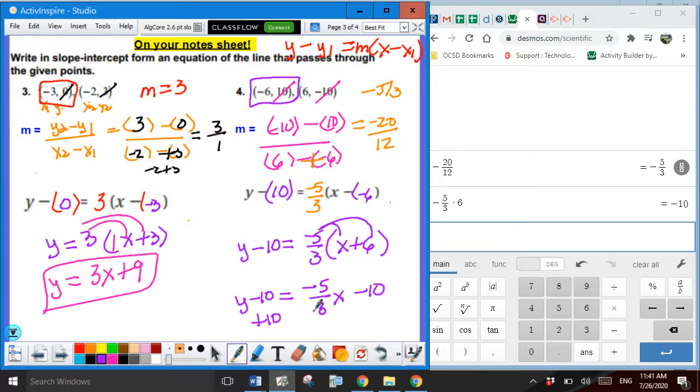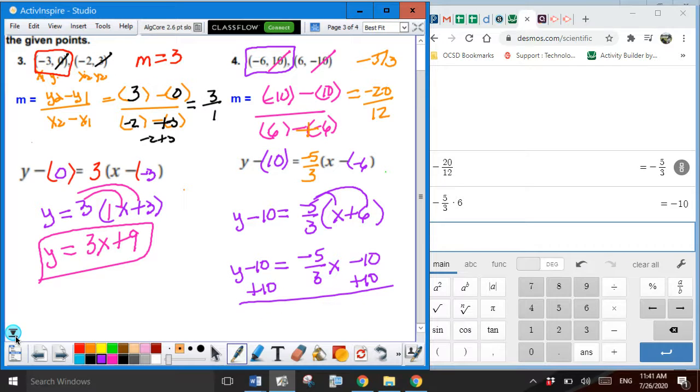So I'm adding 10. This is gone. Y equals negative 5/3 x plus 0, because that disappeared and so did that. So my equation is actually y equals negative 5/3 x. And it is finished.